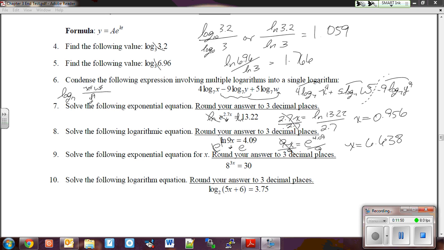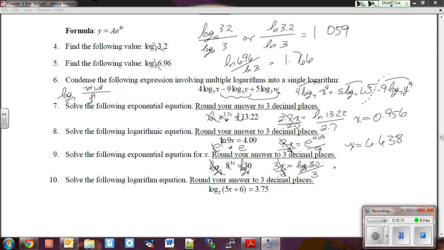All right. Here, since this is an 8, you're going to take the log base 8 of both sides. That gives the log base 8 and they cancel out, leaving you with 3x equals log base 8 of 30. Divide both sides by 3.